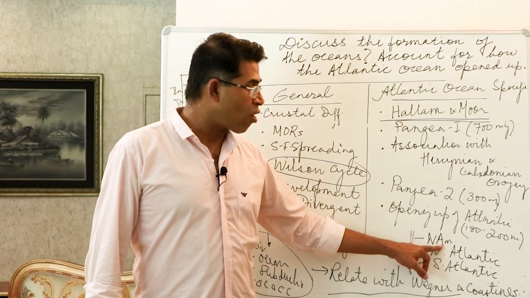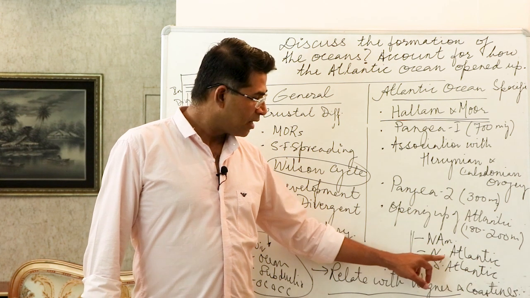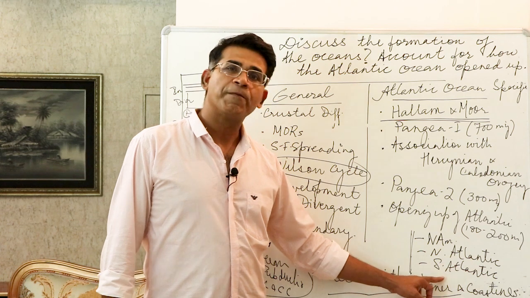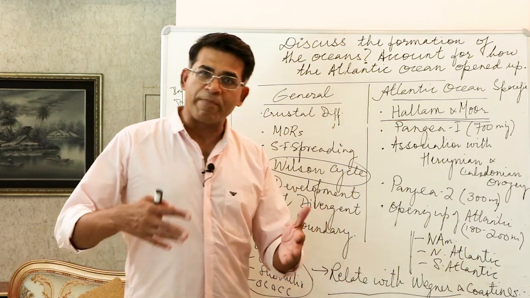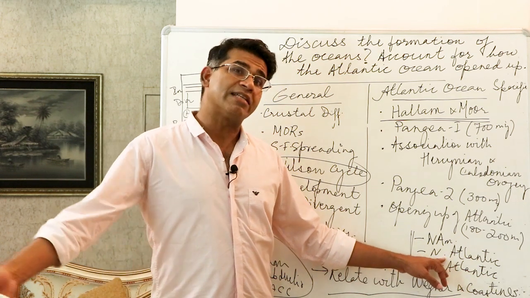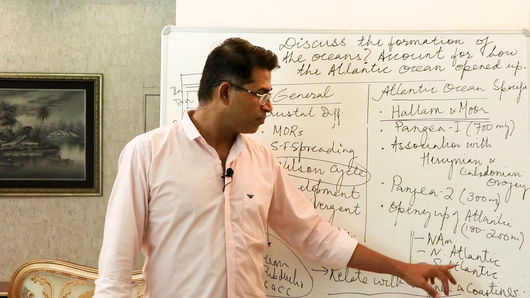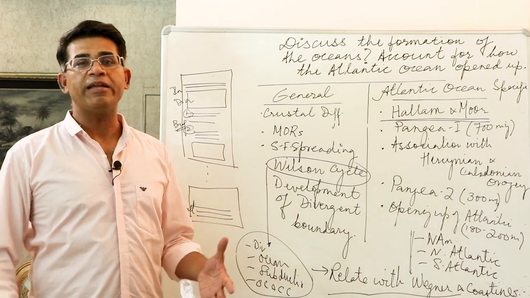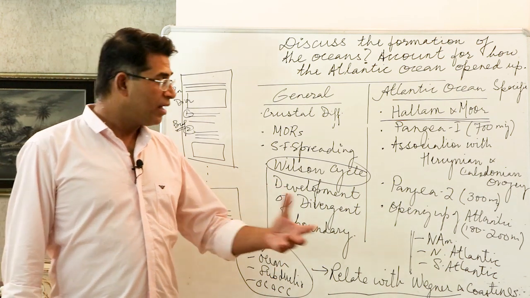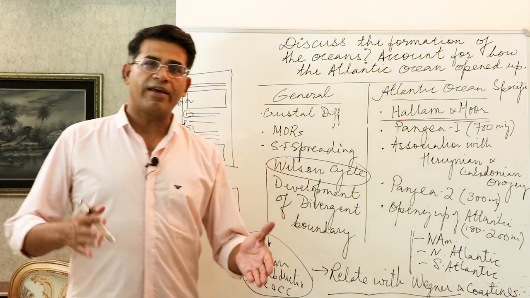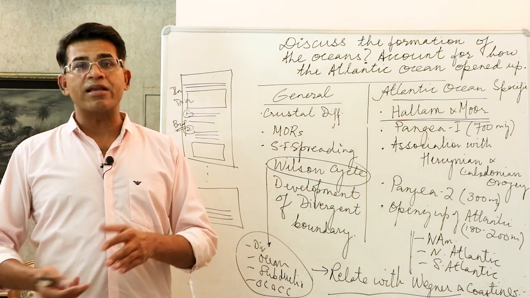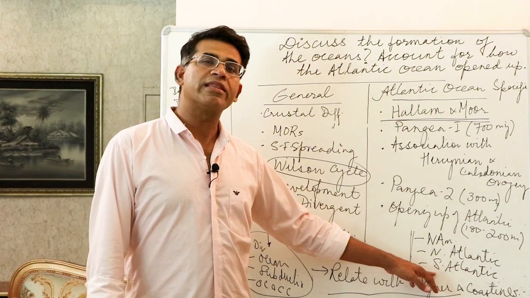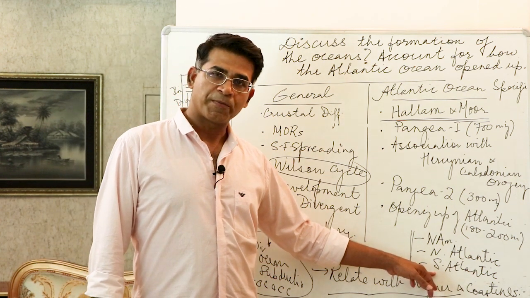So the North American continent separates out, and the North Atlantic Ocean forms along with the Labrador Sea. Baffin Bay and the rest were created as late as 40 to 50 million years ago. Then the South Atlantic also forms properly, where the South American continent separates from Africa. This also started during the Mesozoic times.